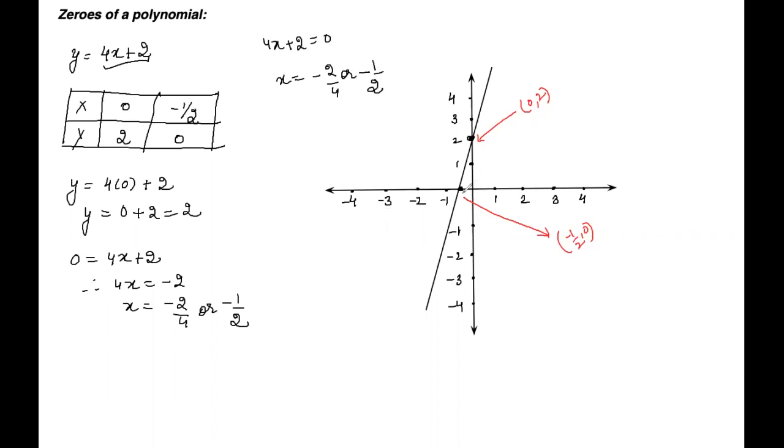So what we can observe is, when we draw the graph of a linear polynomial, the coordinate where the graph touches the x-axis is actually the 0 of the polynomial. That is, at any point where the graph touches the x-axis, that will be the 0 of the polynomial. So this is basically the relation between the geometrical representation and what we actually solve.